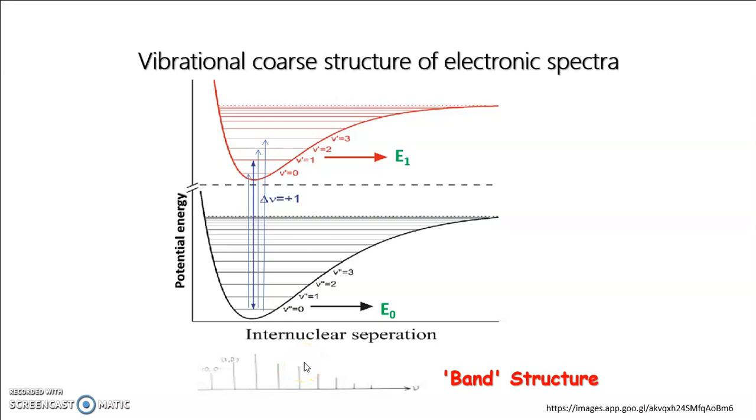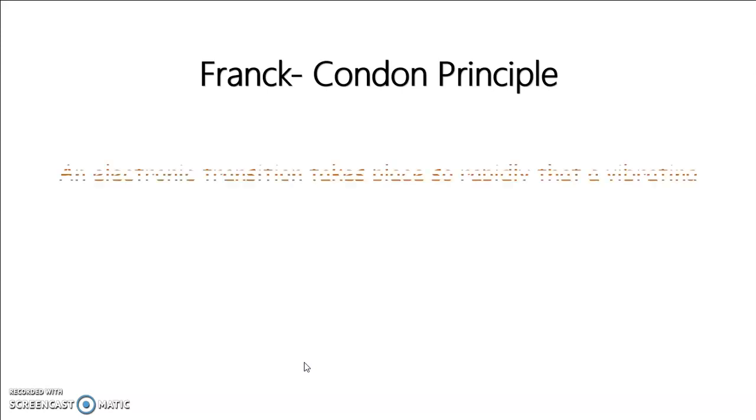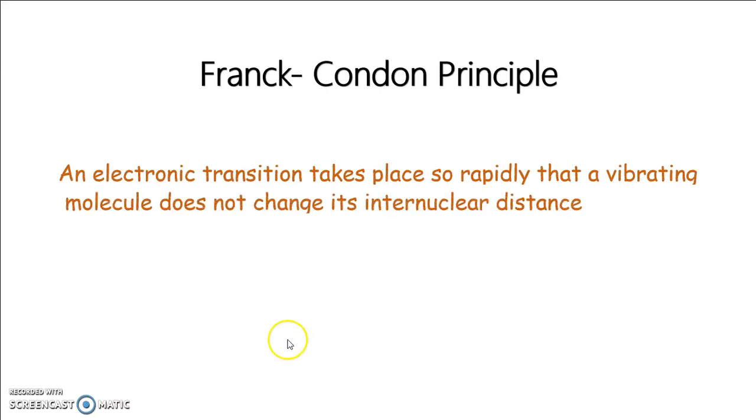A very useful guiding principle for investigating the vibrational structure of electronic spectra is provided by the well-known Franck-Condon principle. It states that an electronic transition takes place so rapidly that a vibrating molecule does not change its internuclear distance appreciably during the transition.